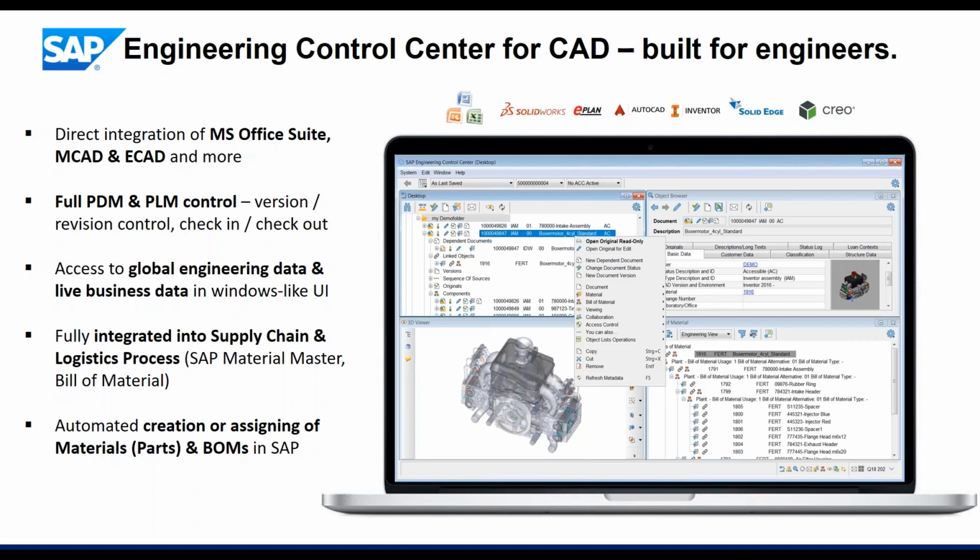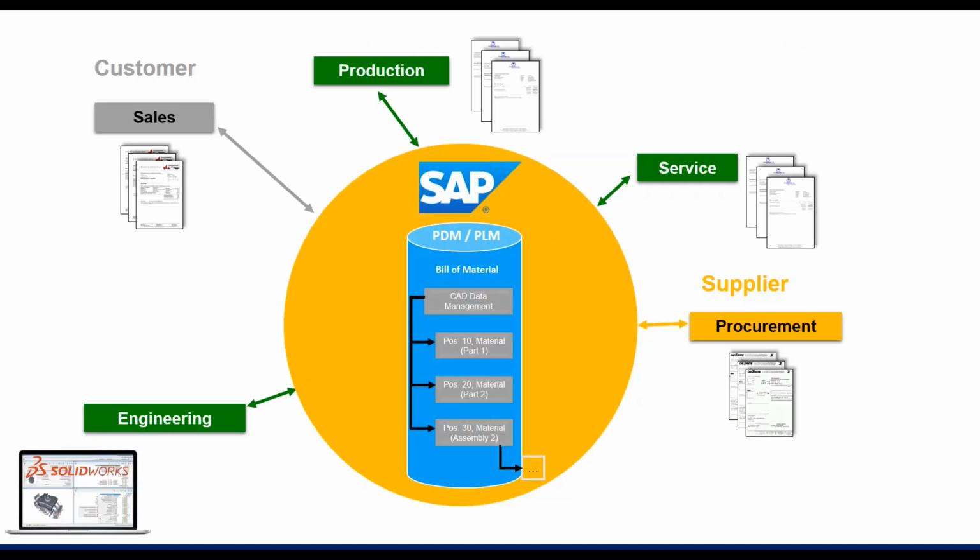Now, these PDFs are stamped and watermarked based on the status and uploaded into SAP for easy accessibility by the downstream departments working in SAP, such as your purchasing or manufacturing or the extended digital supply chain. In our example, we can see on the bottom left-hand side the newly created SolidWorks drawing, which is released.